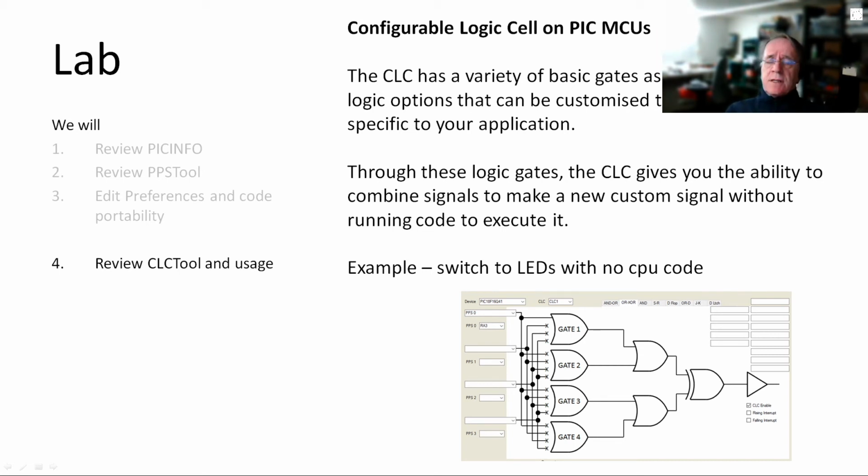Those logic gates, and there are 4 of them, allow you to combine signals together to create a custom signal with absolutely no CPU overhead. I'm going to make a very quick program to turn on the LEDs on that board with no CPU code. So how am I going to do it? I'm going to tell it that it's got an input on RA3, and it's going to do an OR, what is it?